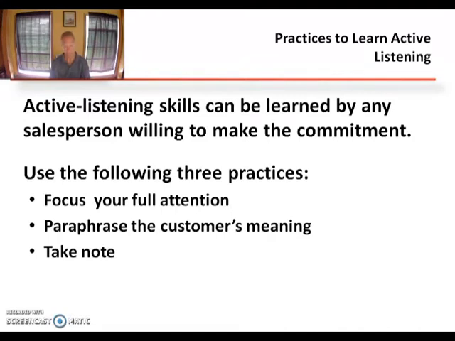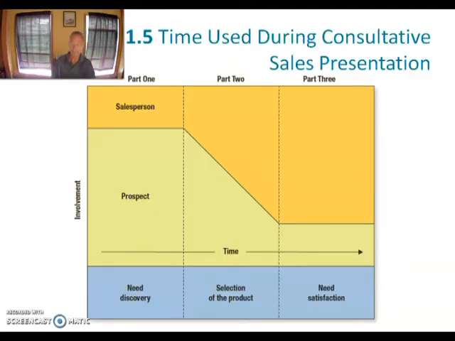Obviously, it won't be a customer because we're not in a selling situation right now. But paraphrase the person that you're listening to, take notes if you have to, and then ask follow-up questions. Active listening is absolutely key to understanding the prospect's needs and then fitting a solution, a product or a service, to those needs.